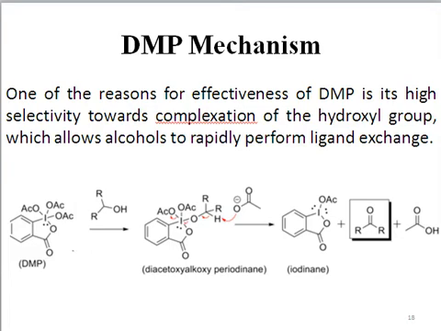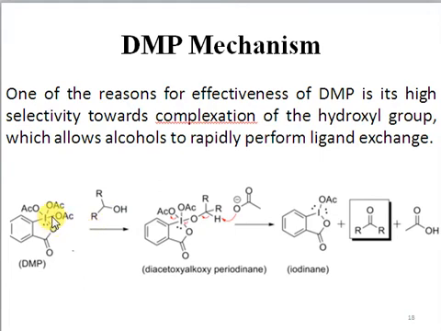Why DMP is selective towards alcohols is that it allows rapid exchange of ligand when our alcohol attacks it. So just see the mechanism here. This is our DMP. What happens in the first step? In the first step, our alcohol attacks as a nucleophile on this iodine.